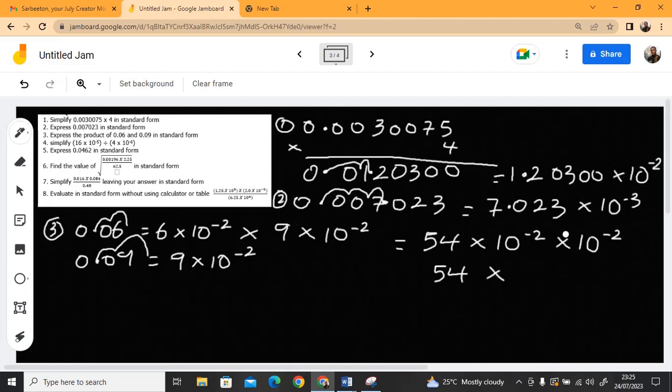Times. Now this one here, there's an invisible plus there. Anytime you have times, and you have the same base, 10 and 10, you pick one of the bases. Laws of indices: once you have times, the powers you add together, that is minus 2 plus minus 2.